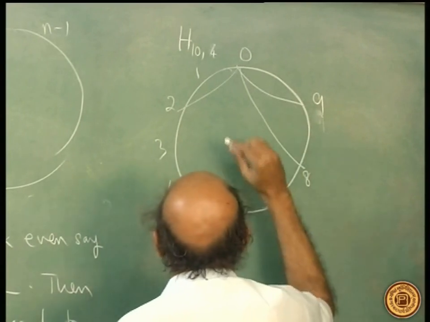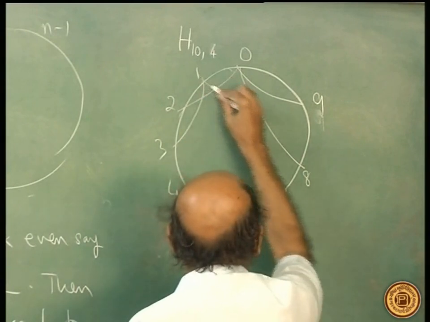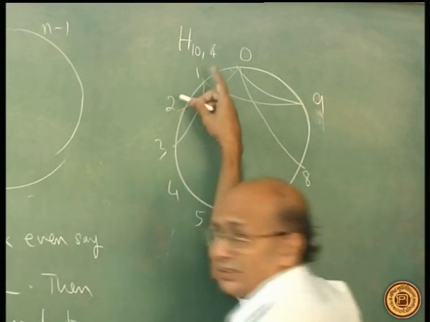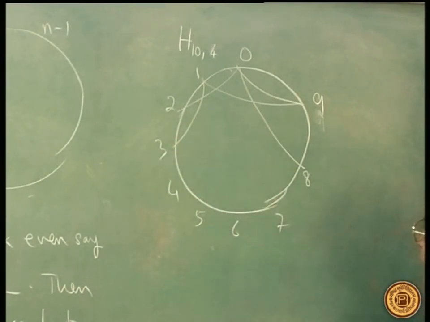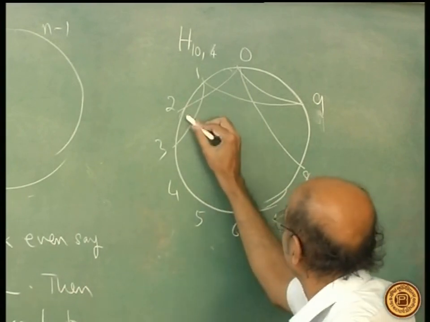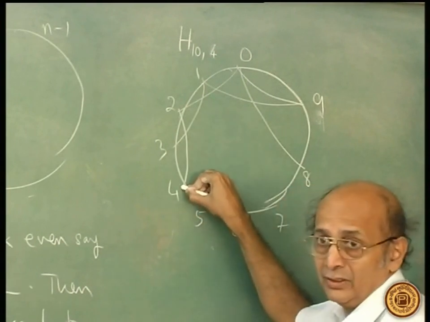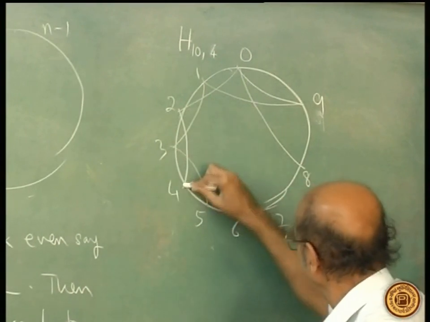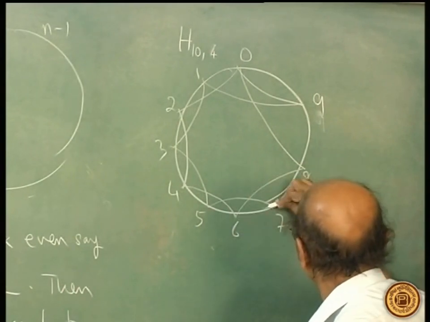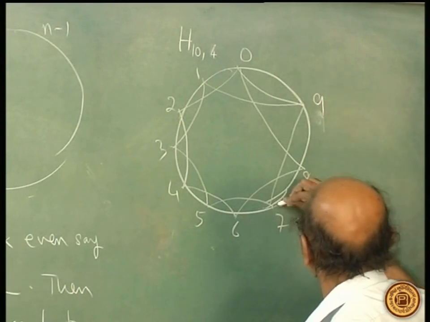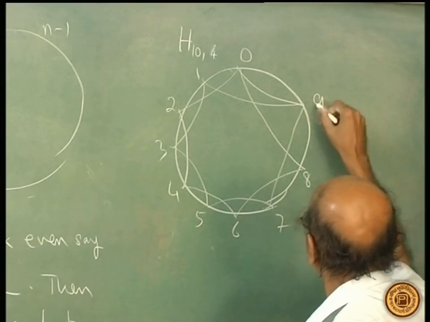Then 1 is adjacent to 2, 1 is adjacent to 3, 1 is adjacent to minus 1, etc. So one can complete this picture. I won't draw all the edges. 2 is adjacent to 0, 1, 3, 4; 3 is adjacent to 5, 4 to 6, 5 to 7, 6 to 8, 7 to 9, 8 to 0, presumably we're done.